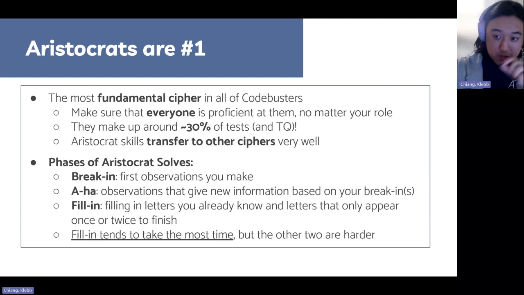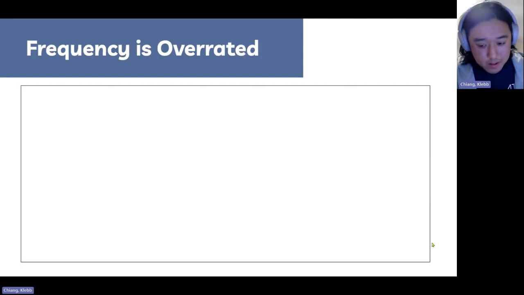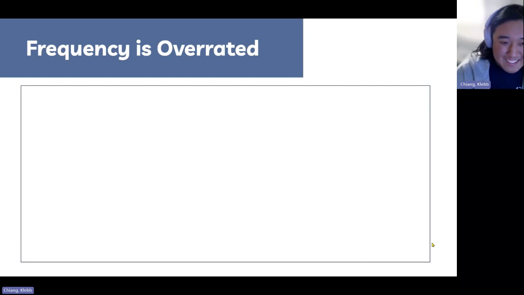Oftentimes, you have to match them to what letters you already have decoded. So fill-in takes time, but break-in and aha is something you can train to be very fast. And assuming you can spot it right away, the execution is very quick. And I make that distinction for a reason. Okay, let's keep going. Frequency is overrated.